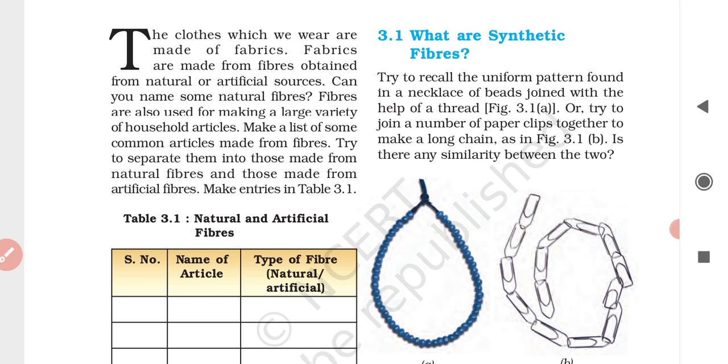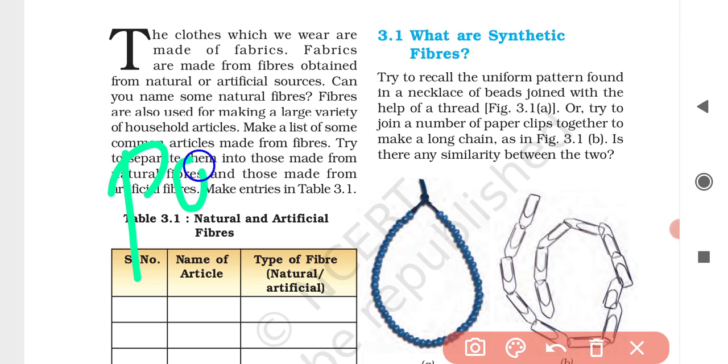So first of all, before discussing synthetic fibers in detail, let us know the meaning of the term polymer. We have to know the meaning of this term, that is polymer.